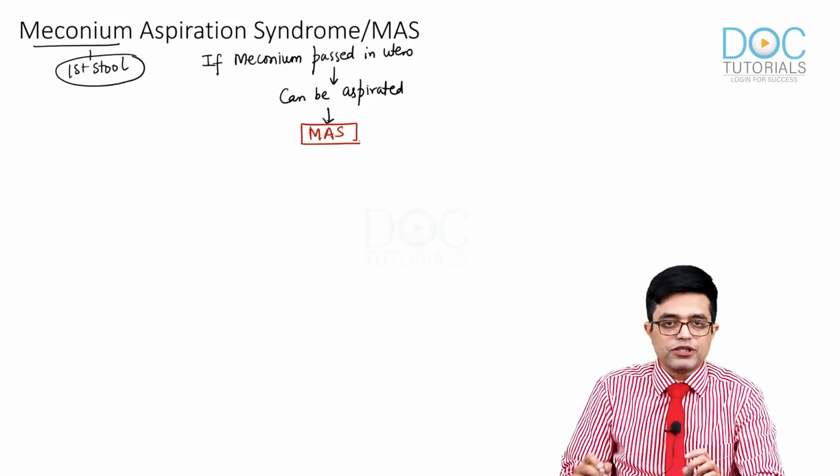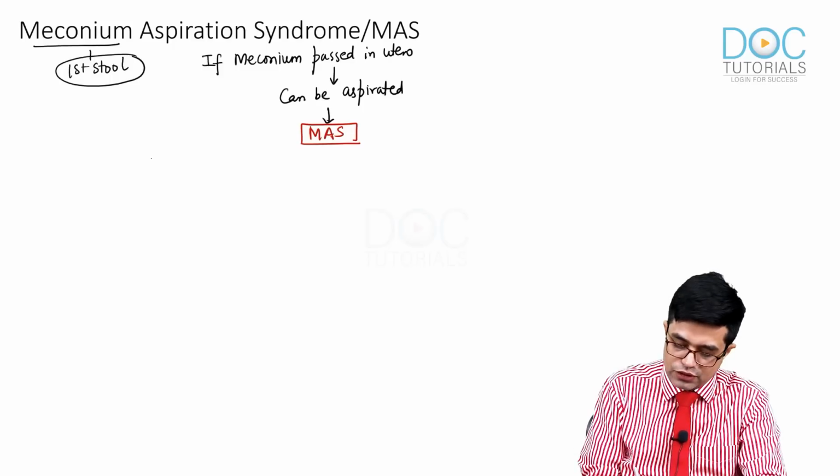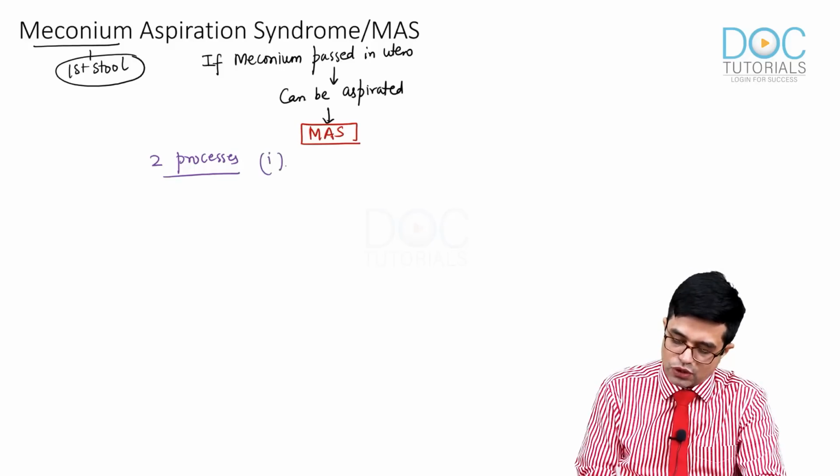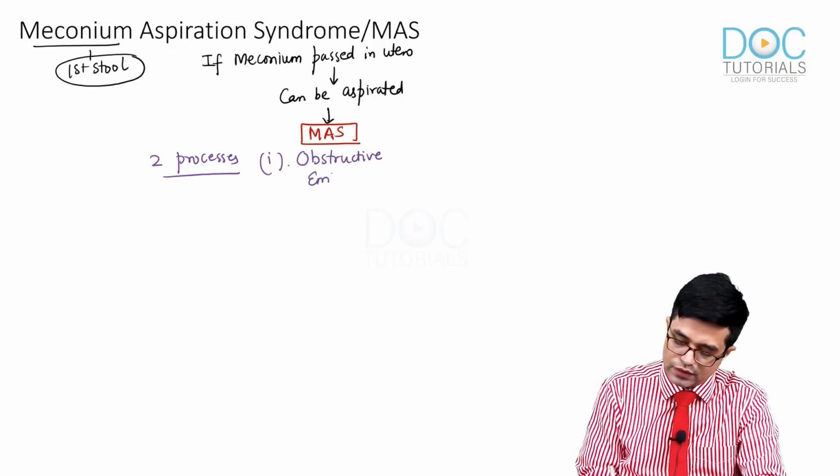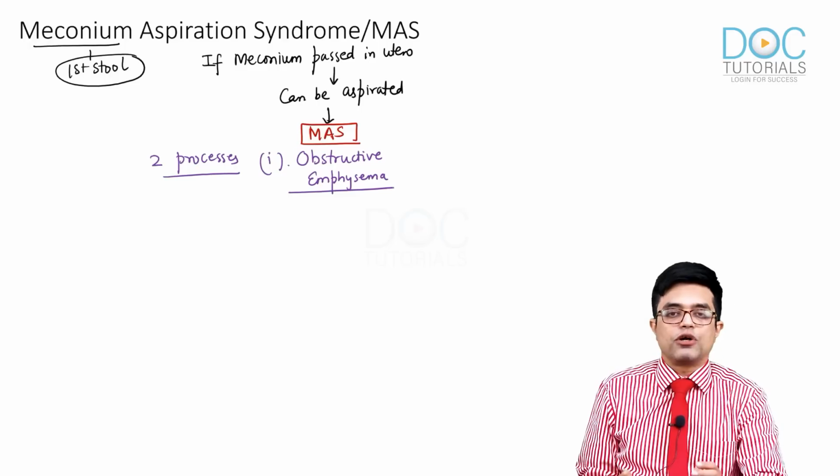When meconium aspiration happens, there are 2 pathophysiological processes implicated in producing the disease. The first process is called obstructive emphysema. What is obstructive emphysema? Every meconium will have some solid part and some semi-solid liquid part, right? The solid part will get stuck in the upper airway, in the main bronchus or in one of the bronchial branches.